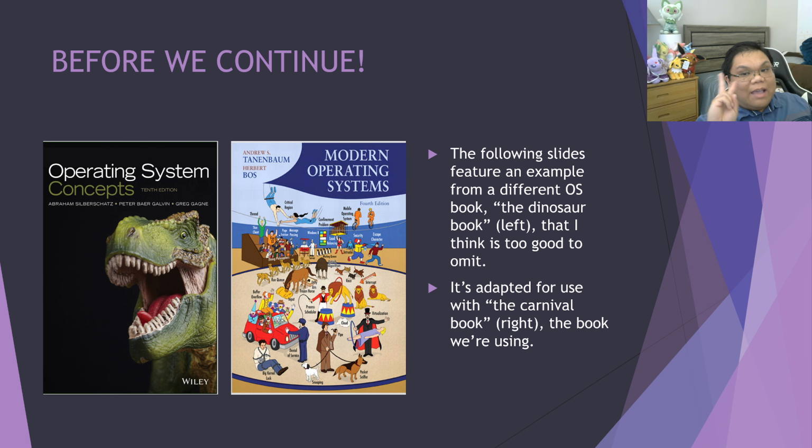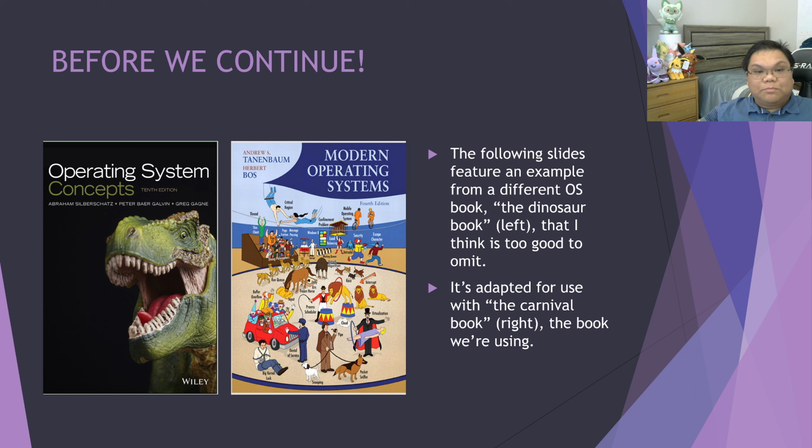as I am recording this, I am teaching both CSE 4600 and 4610, and I'm using two different textbooks for this. Both textbooks contain the same information, but there are parts of what I call the dinosaur book, that's what I'm using for 4610, that I like better than the Carnival book. That's what we're using here. Additionally, the dinosaur book was published when Windows 10 was new.